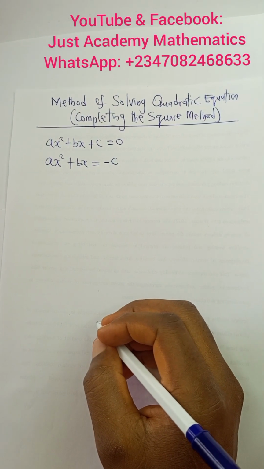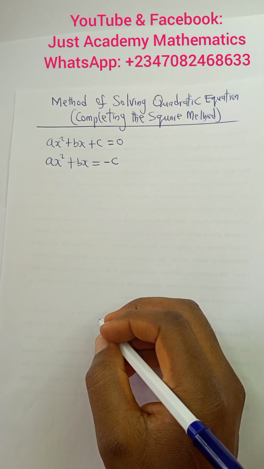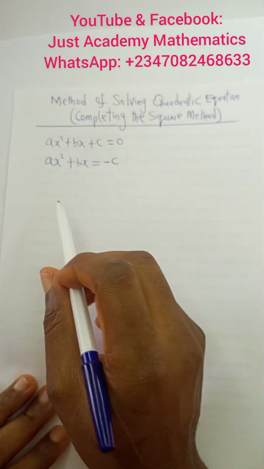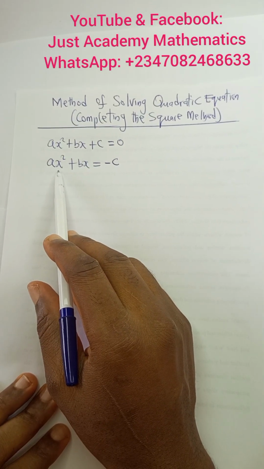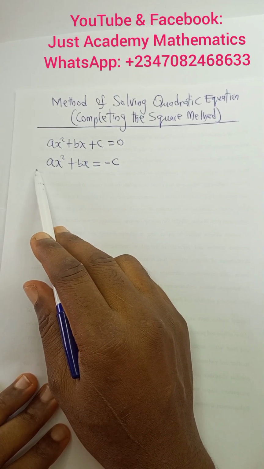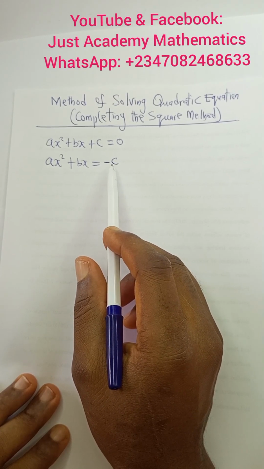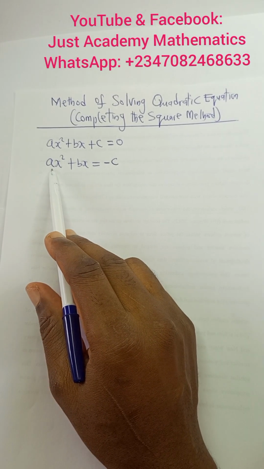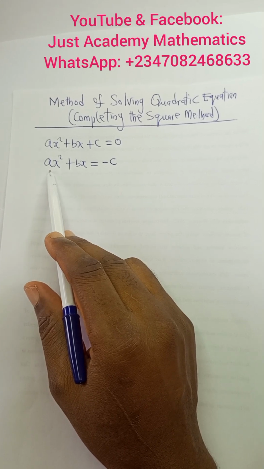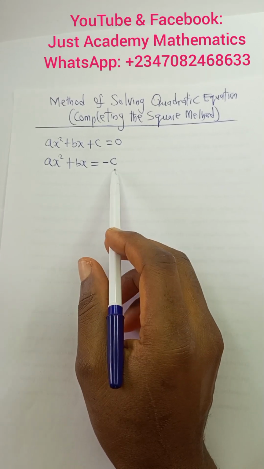Having done that, the second step is to divide through with the coefficient of x squared. What is the coefficient of x squared? a. You divide through with a: divide this with a, divide this with a, divide this with a.